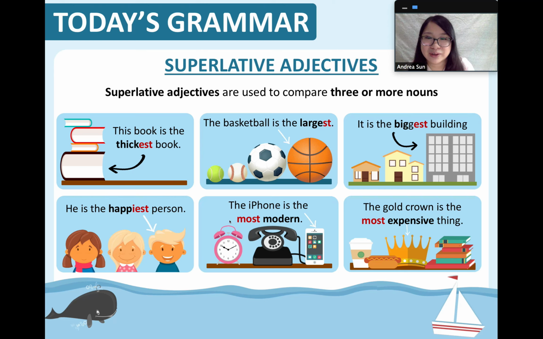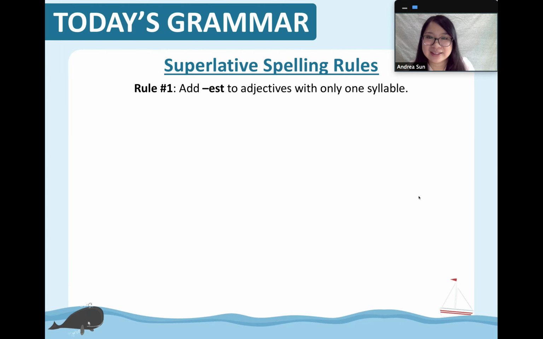So let's learn the 4 spelling rules. Number 1, the most basic spelling rule, just add EST to the end of an adjective with only 1 syllable. What is a syllable? A syllable is the number of beats in a word. For example, English, 2 beats. Korean, 3 beats.